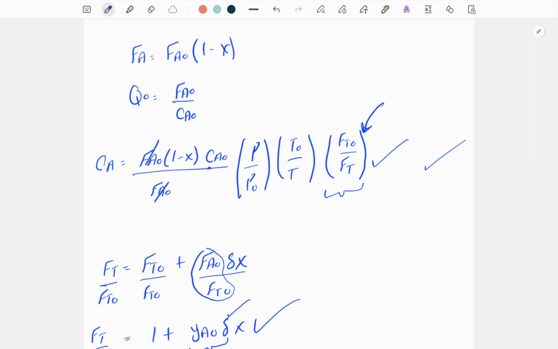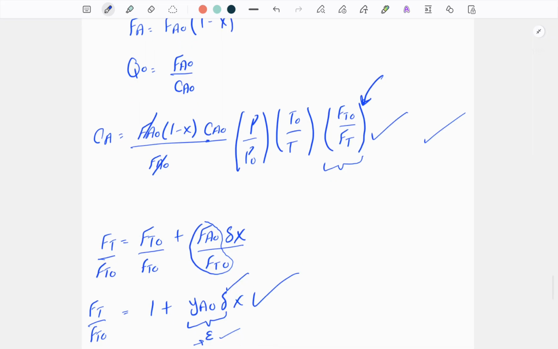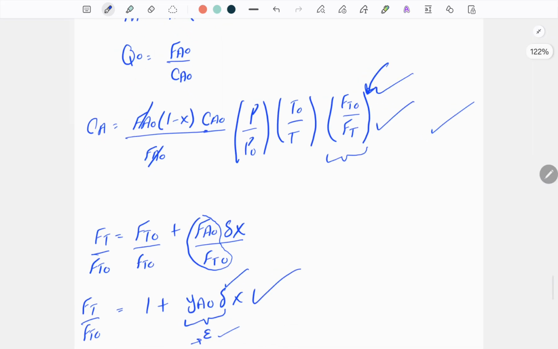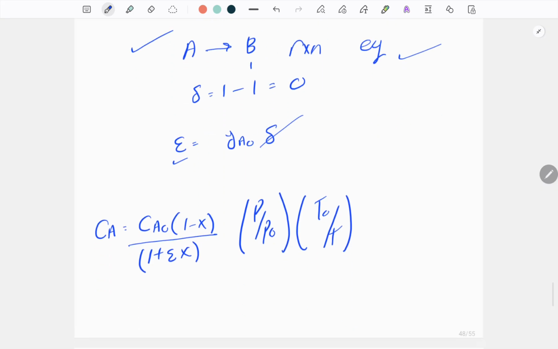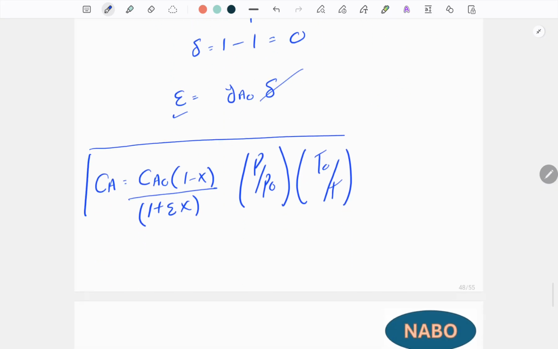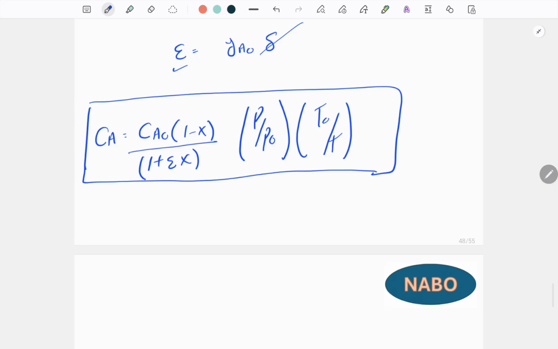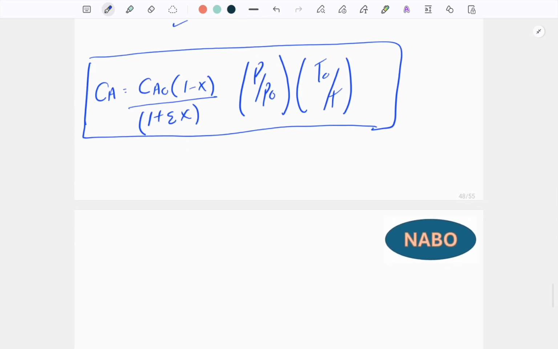Yes, T naught over T, P over P naught. So we substitute 1 over 1 plus epsilon x in this term here, and this is the final equation for the concentration of A in a gas phase. Okay, so as we said, if the chemical reaction is equimolar, this term here will be 1.